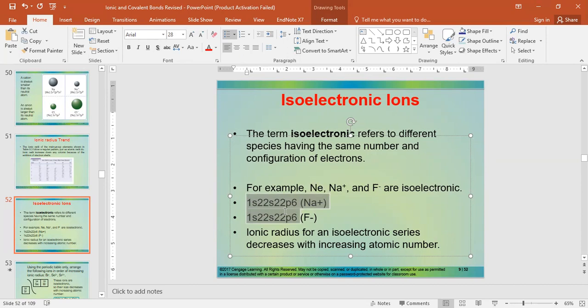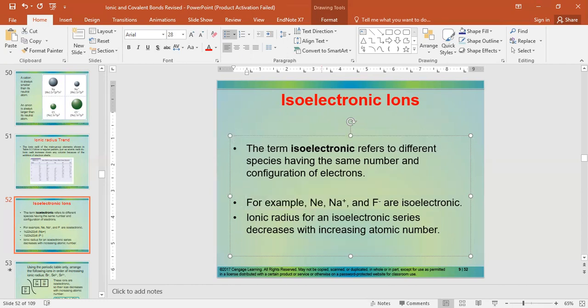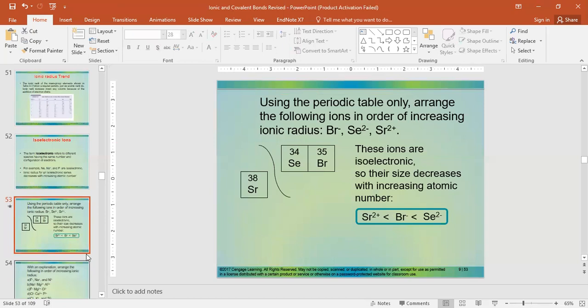isoelectronic species. The ionic radius for these species is going to decrease with the increasing atomic number. Ionic radius is going to decrease with the increasing atomic number because of the increase in the effective nuclear charge. And that is illustrated, for example, in this. You can see there is a bromide, selenium, and a strontium.